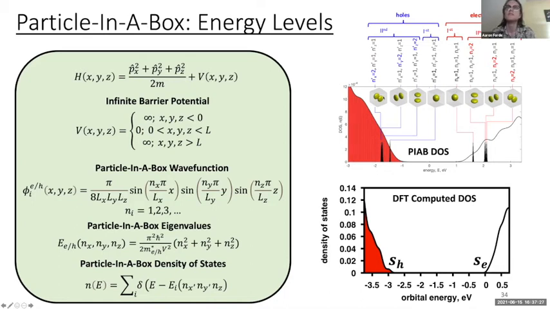And then the insets within this figure show the particle in a box function. So you can see that these lowest two peaks are spherical in nature, which can be referred to as S-bands.